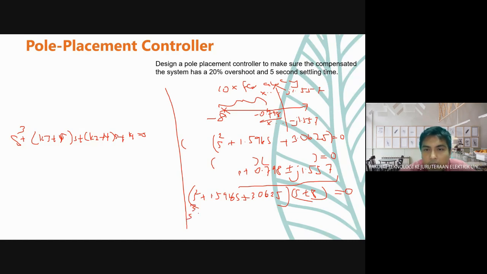What the answer will be, I just straight away put the answer: s cubed plus 1.596 s squared, plus 1.596 multiplied with 8, you will get 12.768 s, plus 3.0625 s, plus 3.0625 multiplied with 8, you can get 24.5, equal to 0.